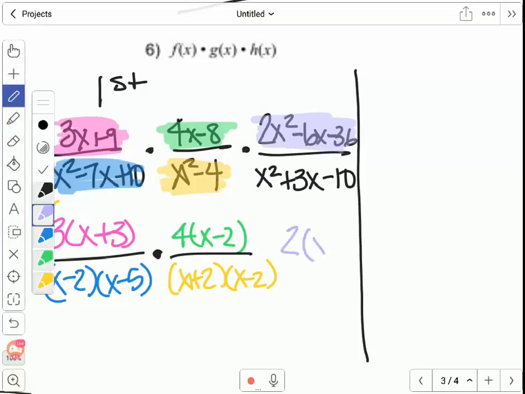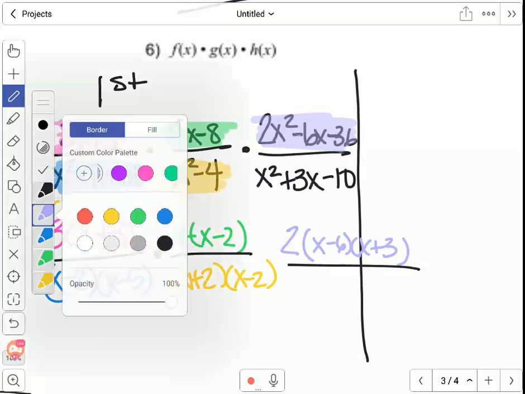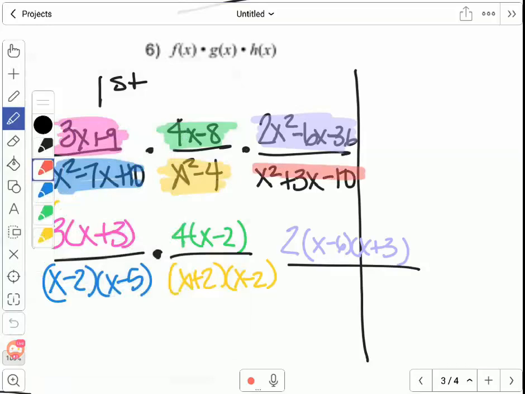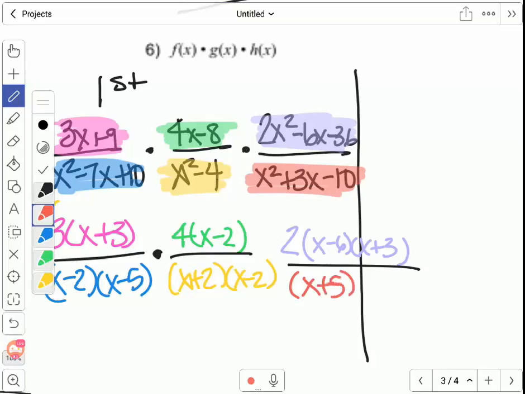That's 2 times, we already said earlier, x minus 6 and x plus 3, over, and then we can also factor our x squared plus 3x minus 10, I'm sorry, into x plus 5 times x minus 2.